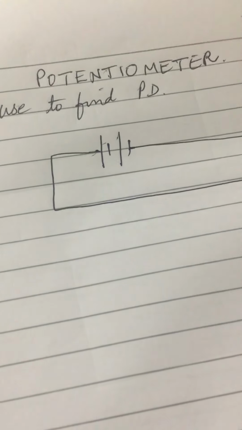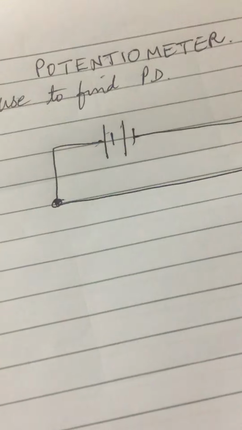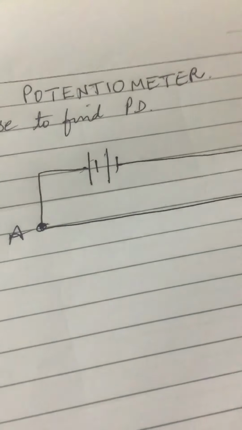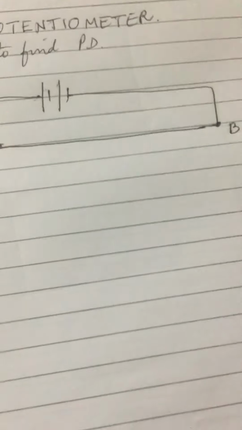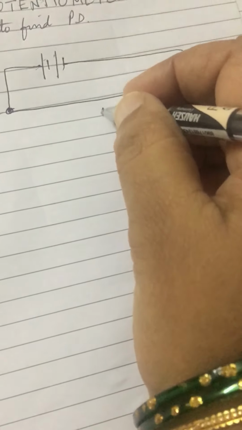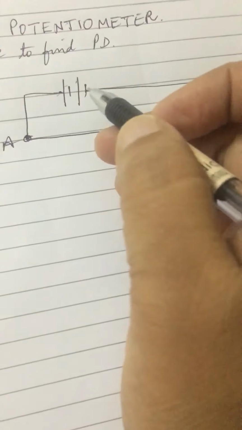connected to the terminals of a wire AB. This wire AB is of length L. Now, supposing the potential of this battery is V, that means what?